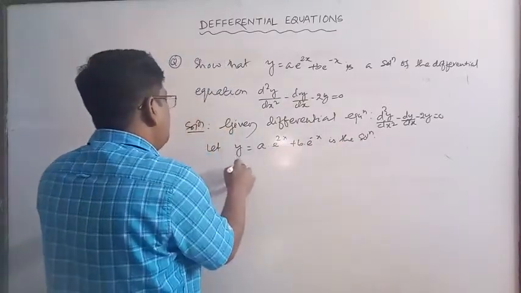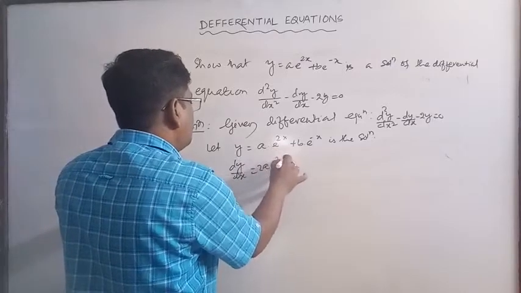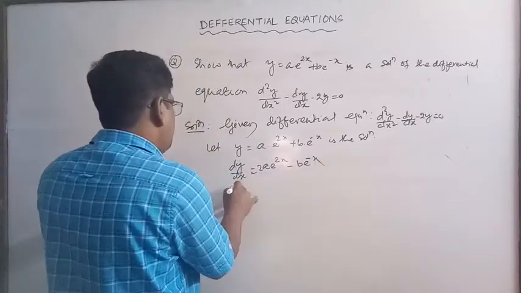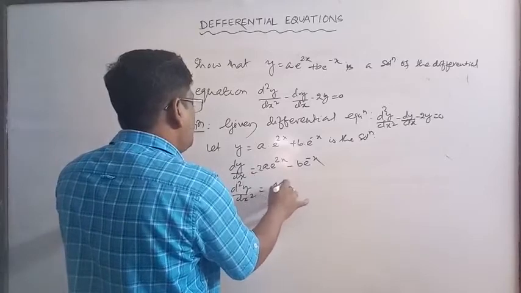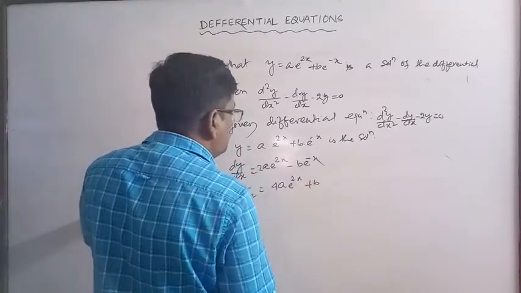So now dy by dx is equal to 2a into e to the 2x minus b into e to the minus x. D square y by dx square is equal to 4a e to the 2x plus b into e to the minus x.